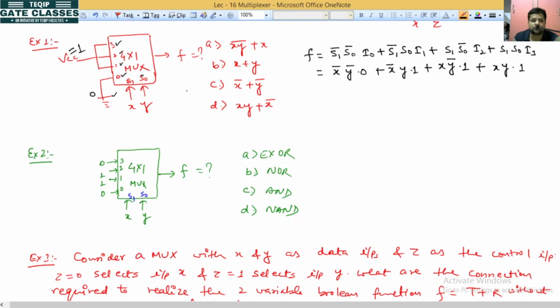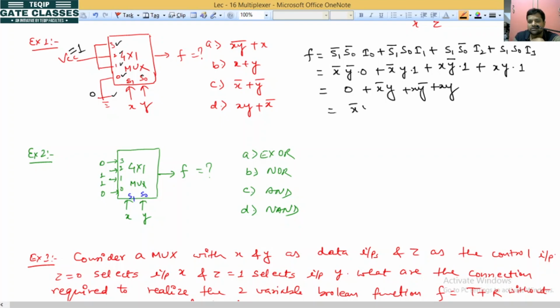I have just put all the values, see here: I0 is 0, I1 is 1, I2 is 1, I3 is 1, and S1 is x, S0 is y. I have put all these values in the function. So we get 0 plus x bar y plus x y bar plus x y.